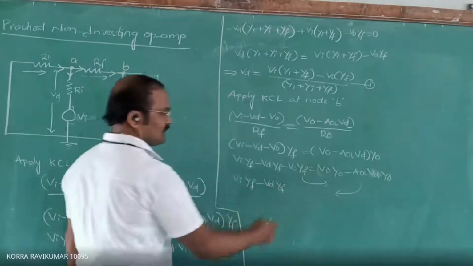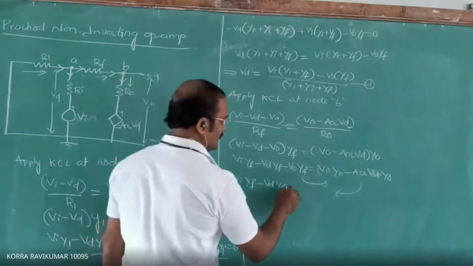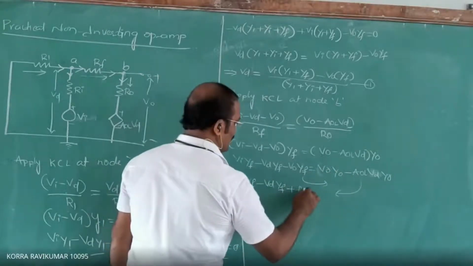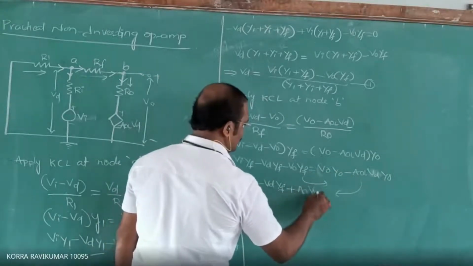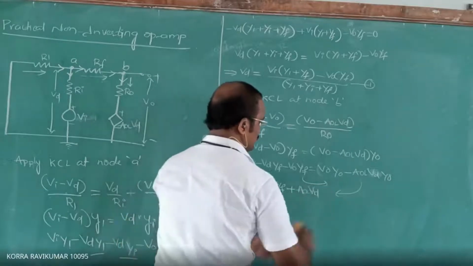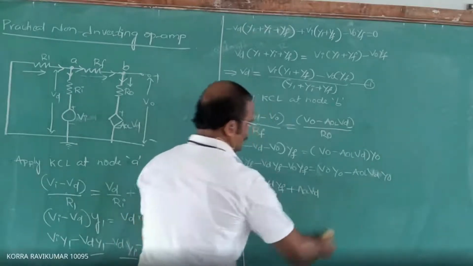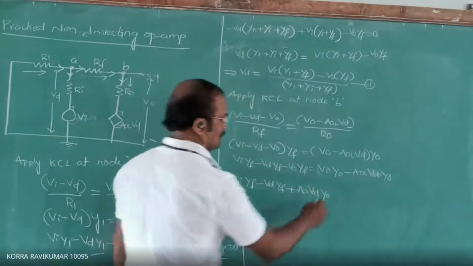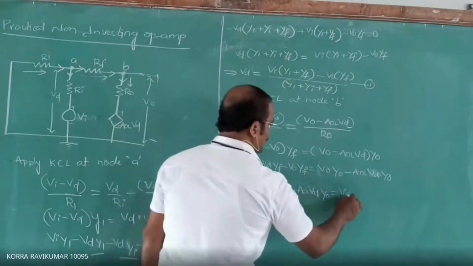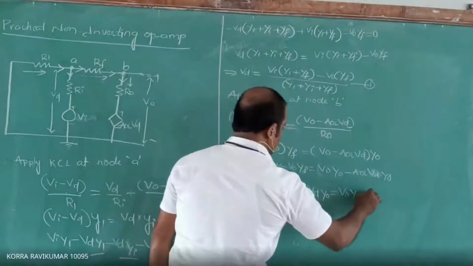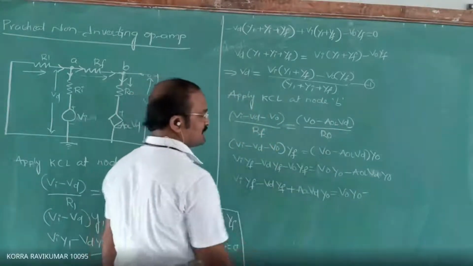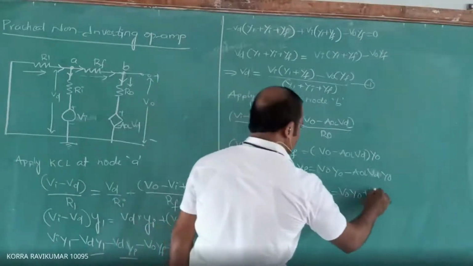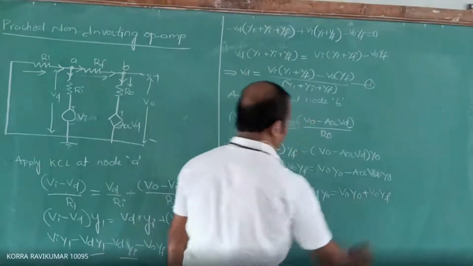Bring this to the RHS side, then this minus becomes plus AOL into Vd Y naught, which is equal to V naught into Y naught, and minus becomes plus V naught into Yf.